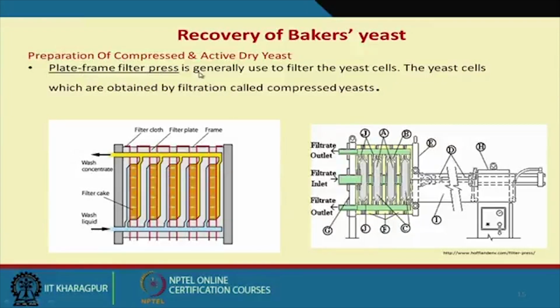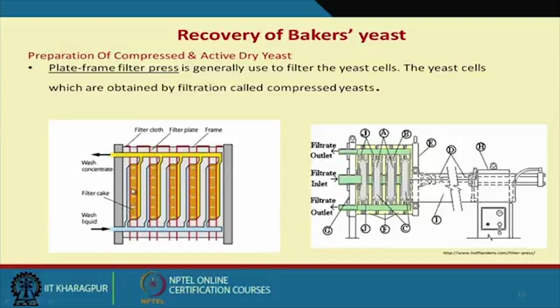plate and frame filter press. Here I can explain that this is the cloth. You can see this is the fine cloth. This is the wrap on the surface, and then this is the frame that we have, and we pass the liquid like this. Wash liquid, we pass this.